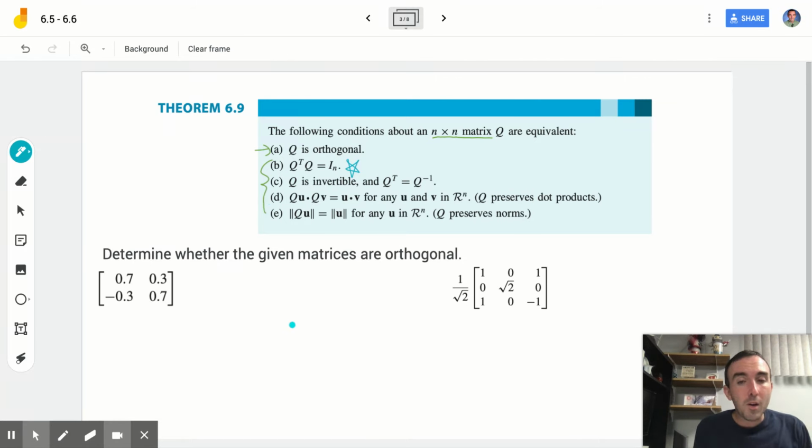So to show you an example, if I take a look at this first matrix here, it's a 2 by 2 matrix. That's good. We're working with a square matrix. I want to determine whether or not the matrix is orthogonal. So to do it, I would like to use property B. Is Q transpose times Q equal to the identity matrix?